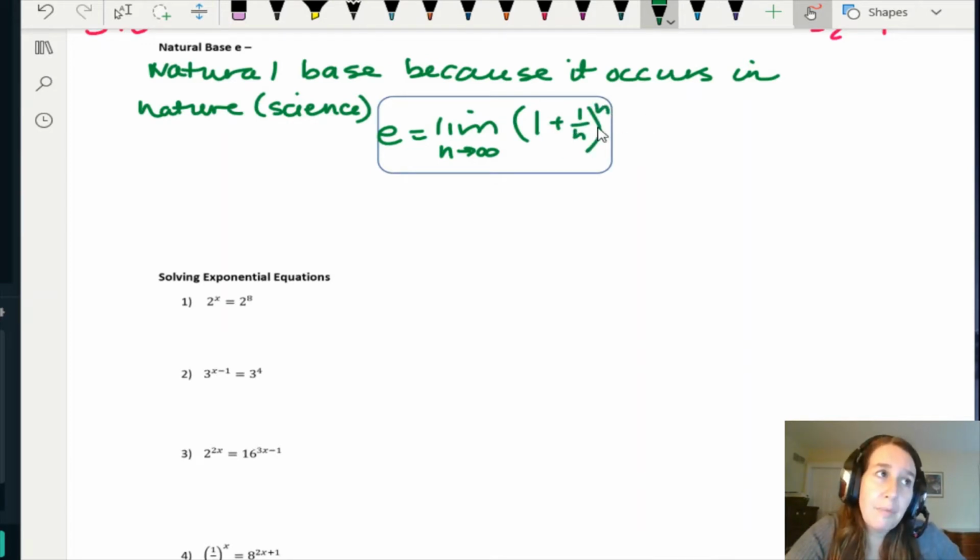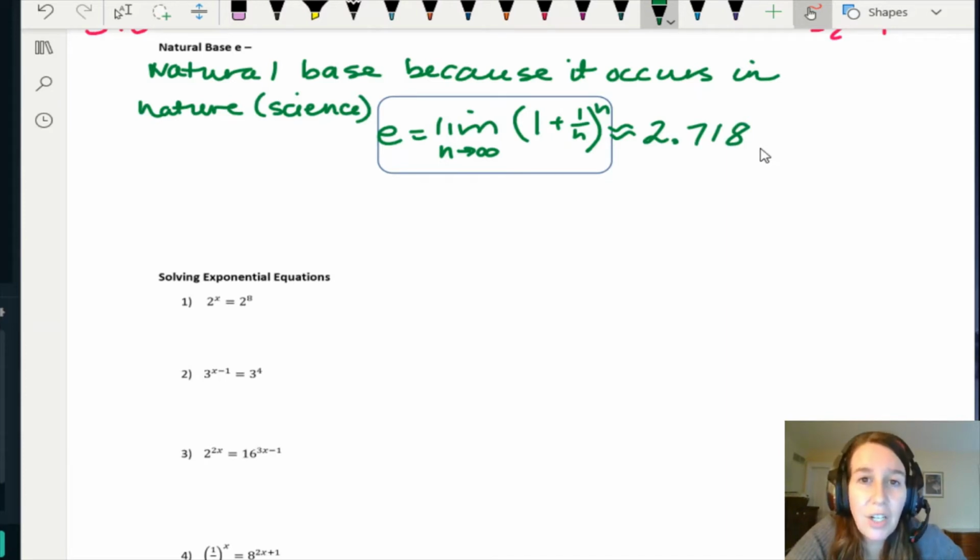And this little function here, 1 plus 1 over n raised to the n, actually does have applications in the financial industry as well. If you evaluate this limit, which is really beyond the scope of our course, if you end up taking calculus, you'll probably look at this a little bit more because you do study limits quite a bit, more than even we do.